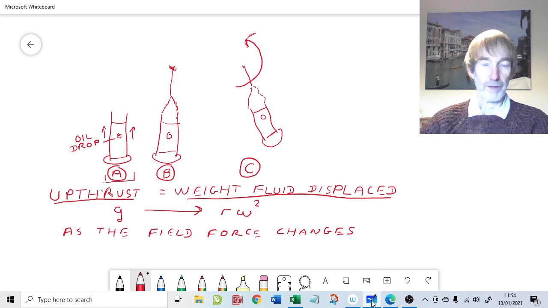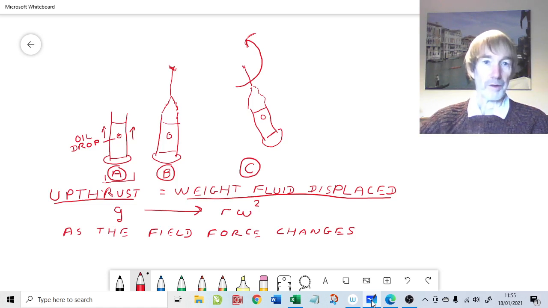The weight of that water it displaces gives you the upthrust on the droplet, and if that upthrust is greater than the weight of the oil drop, then the oil drop will move upwards, whereas clearly particles more dense than water will move downwards. So here we have our oil droplet moving upwards in the measuring cylinder.